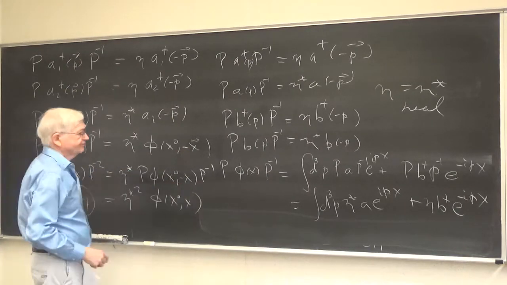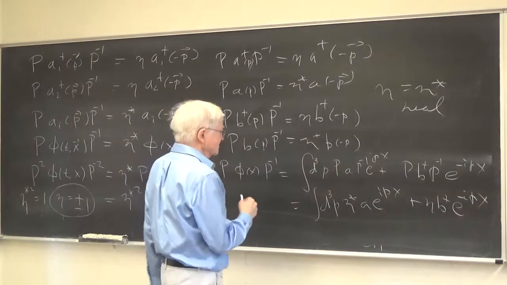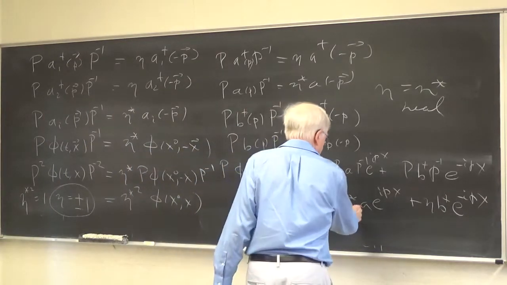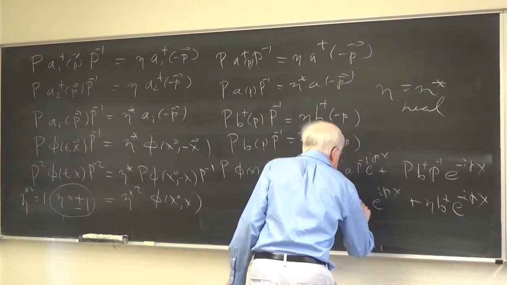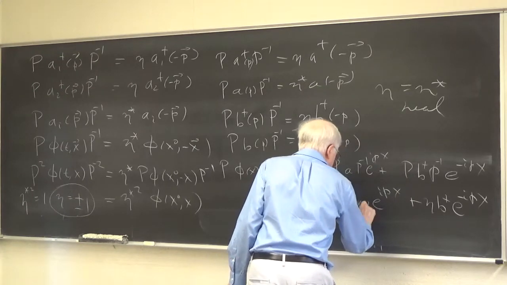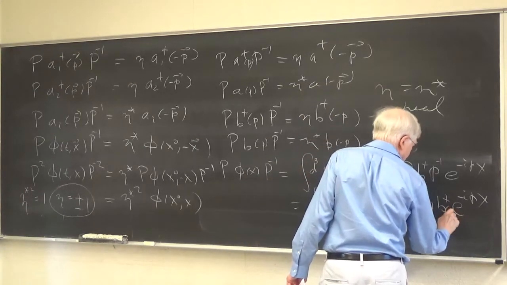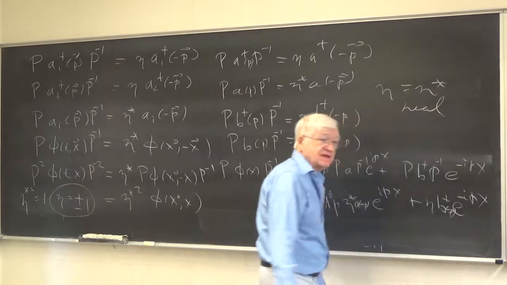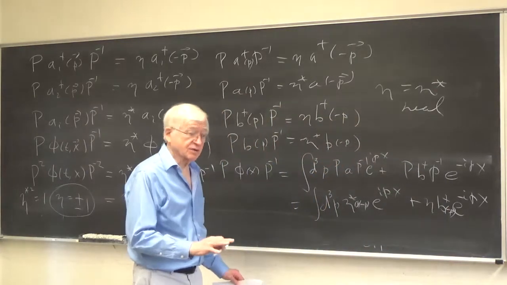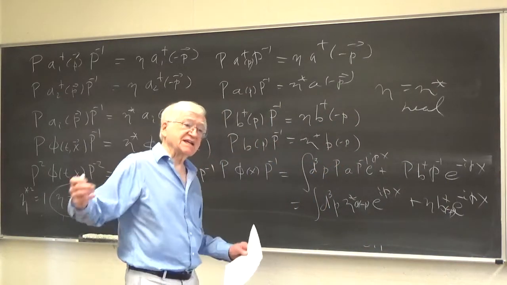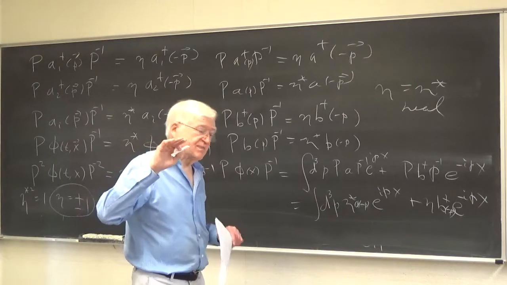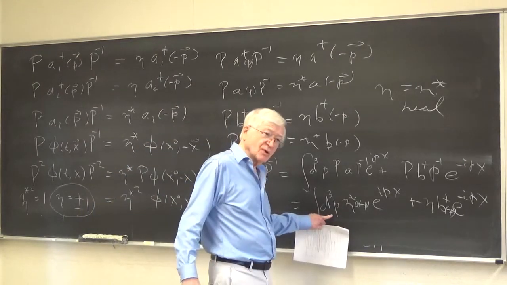All right. So the way I'm thinking of it is like this, but this is A of minus P, and this is B dagger of minus P vector, okay? But then, this is an integral over spatial momenta.